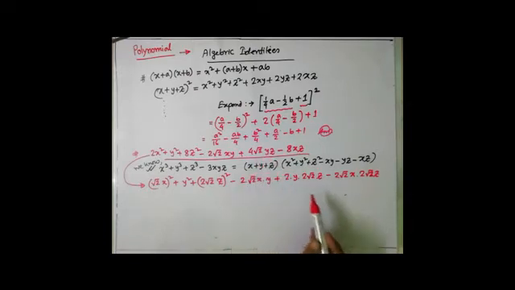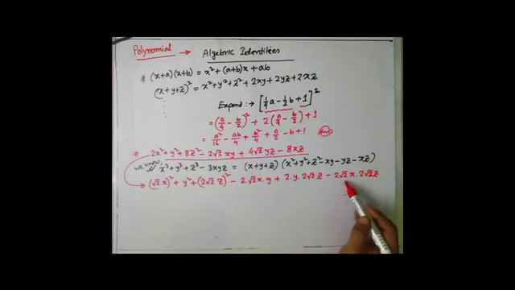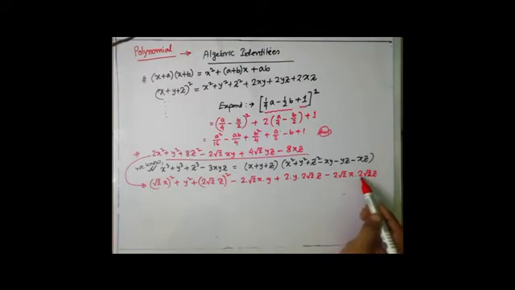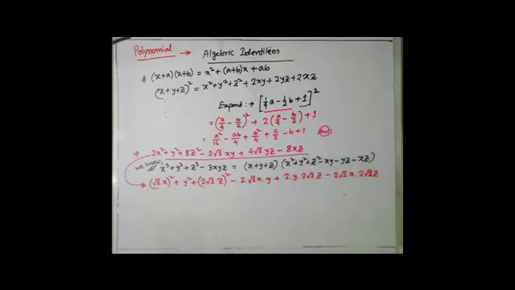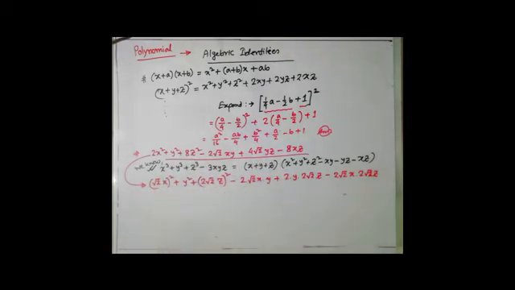Then 4 root 2yz, see 2 into 2 root 2, 4 root 2yz. Then 8xz, see 2 root 2 root 2. Root 2 and root 2 means only 2. So 3 2's are there. 2 into 2 into 2, that will be 8. And x into z, so minus 8xz will come. So this expression can be written like this.